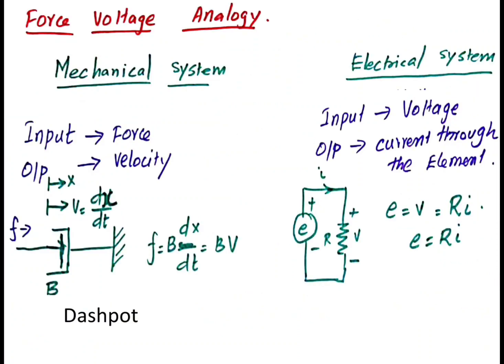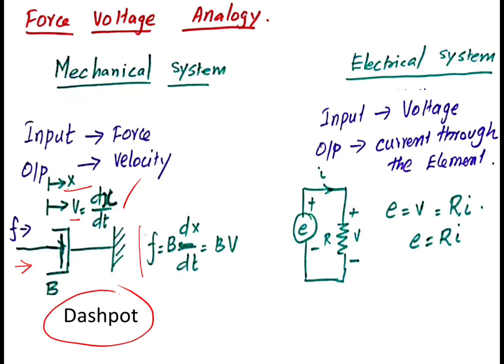Now we are going to map these elements with mechanical systems. So we have resistor, capacitor, and inductor, and their equivalent mechanical systems we are going to discuss. First, we are going to consider a dashpot. Here a dashpot is connected with the reference, and when you apply force on one side, the dashpot moves, and the velocity is V is equal to dx by dt, where x is the displacement because of the force.